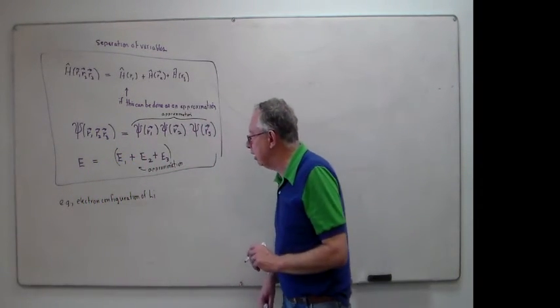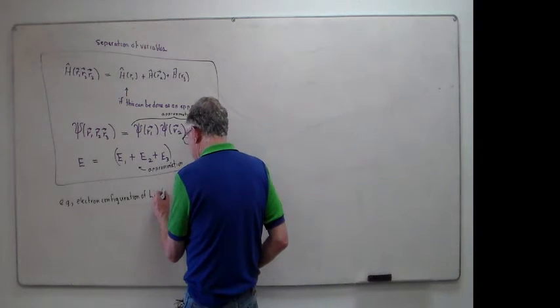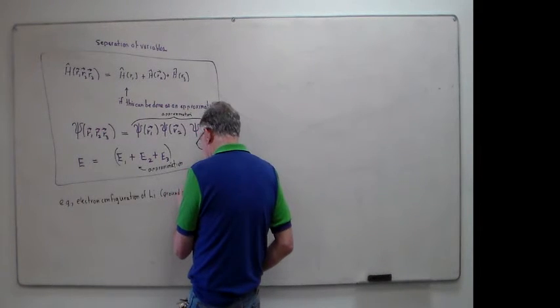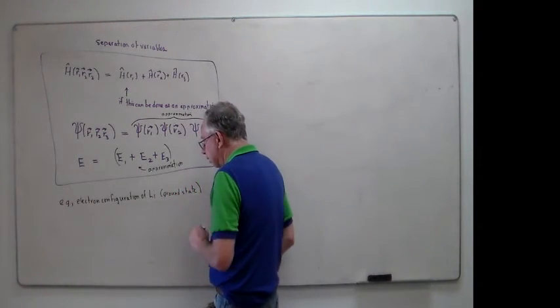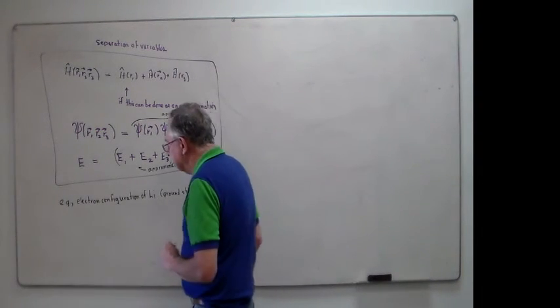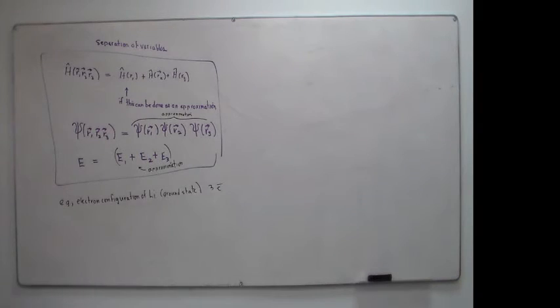Let's take the electron configuration of lithium. Ground state lithium, 3 electrons. Are you ready for this? Okay.